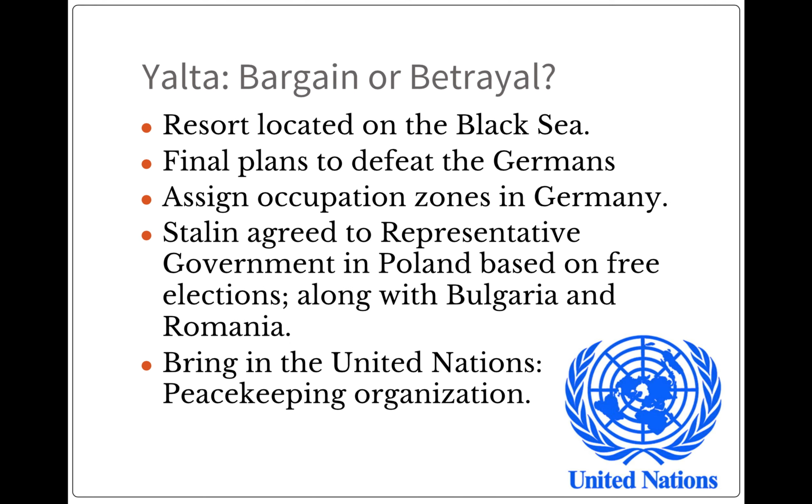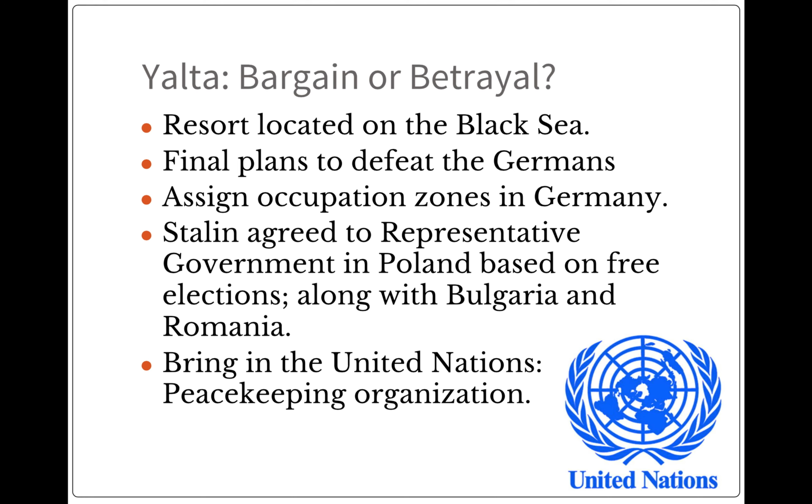Looking overseas, we have the conference at Yalta, where the Allied powers were organizing how they were going to basically set up the post-war world. Some of the things that they agreed on: Stalin and the Soviet Union agreed to a representative government in Poland, Bulgaria, and Romania.